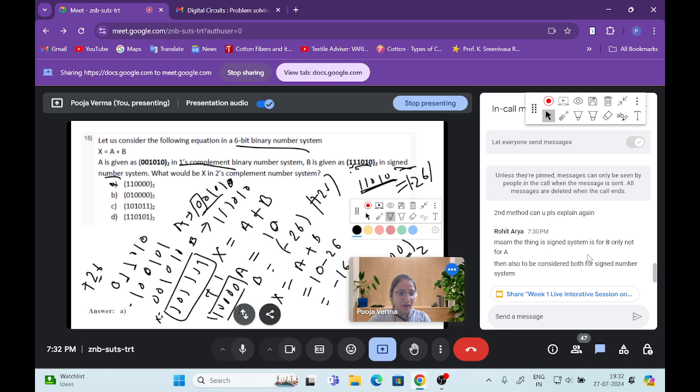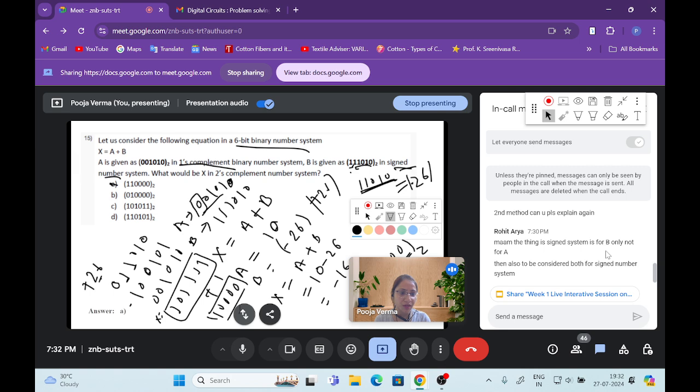The sign system is for B. Then also to be considered both for signed number system. No, A is given here in a ones complement representation. It is described already.